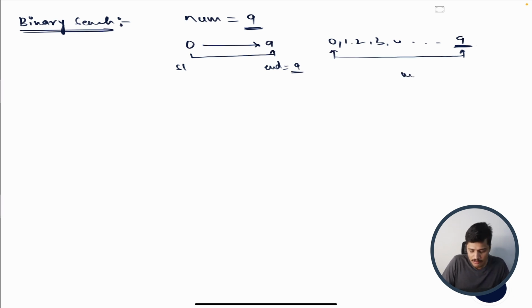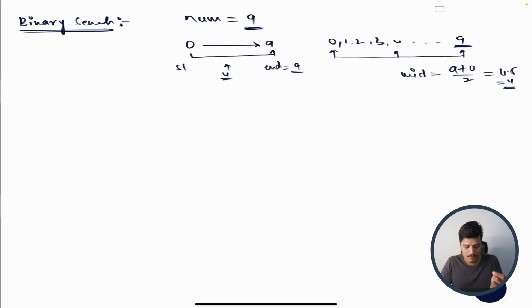Immediately we will calculate the middle. Middle is 0 plus 9 divided by 2, which is 4.5. If we round it down, we will get 4. Now we will multiply it by itself. 4 square is 16, right? But the target we are looking for is 9.